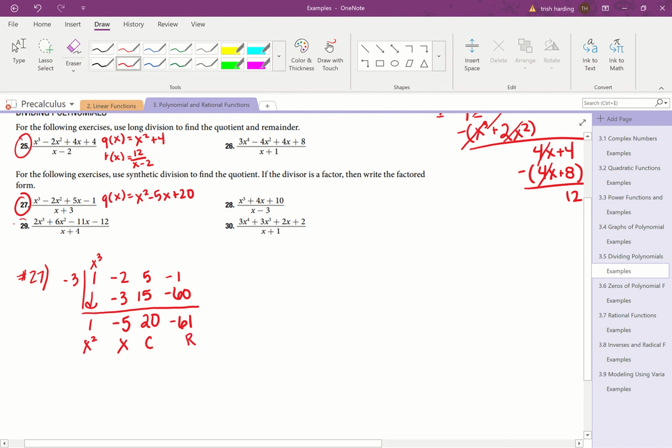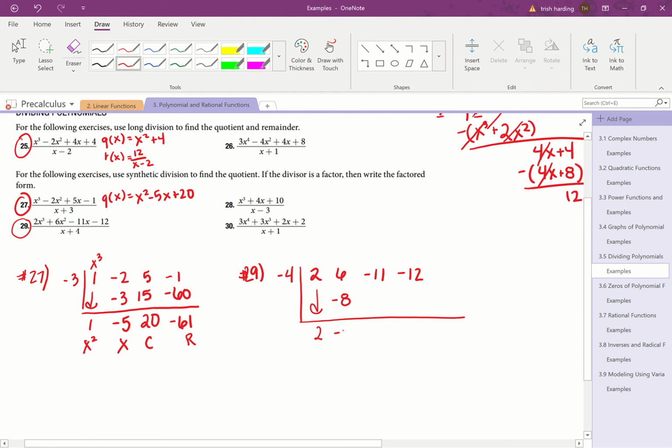Now let's look at number 29. I'll divide everything by negative 4. Our coefficients are 2, 6, negative 11, and negative 12. I'm going to bring this down, and that gives us negative 4 times 2 is negative 8.